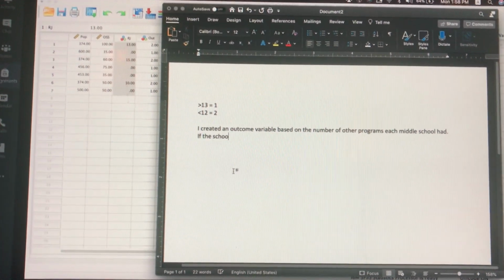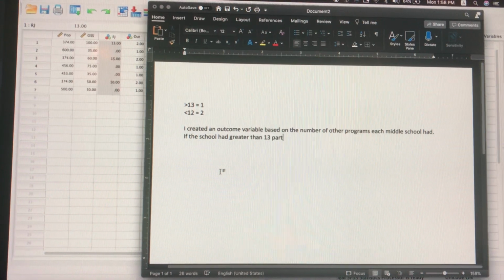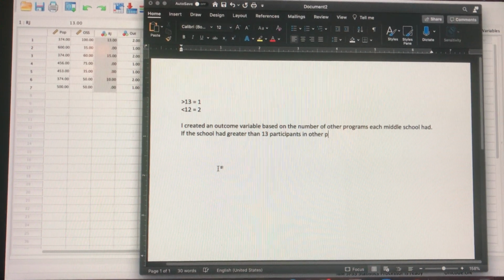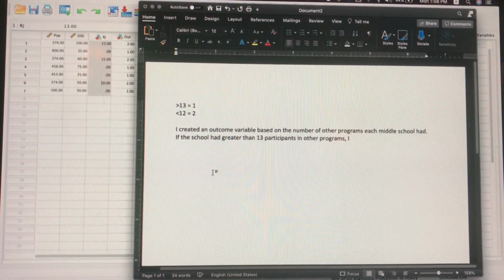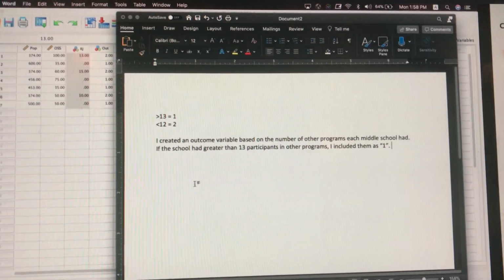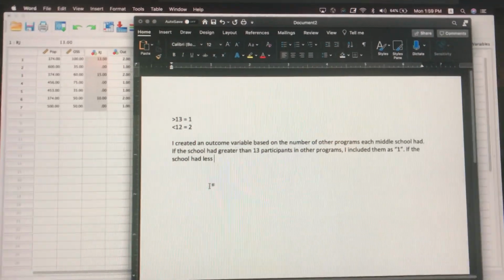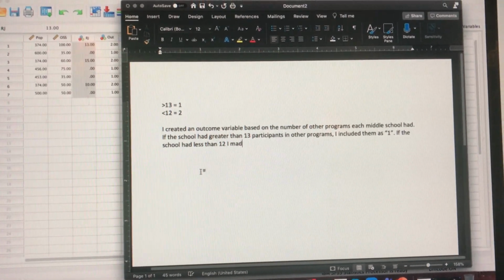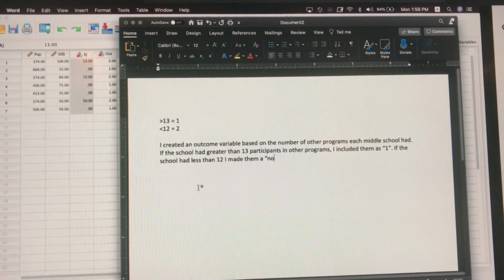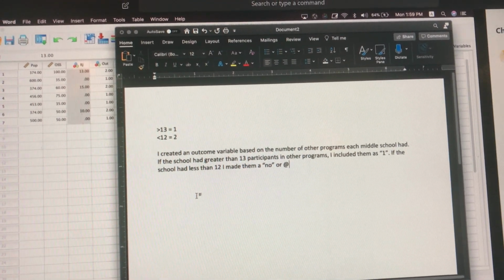If the school had greater than 13 participants in other programs, I included them as 1, etc. If the school had less than 12, I made them a no, or 2. Right?